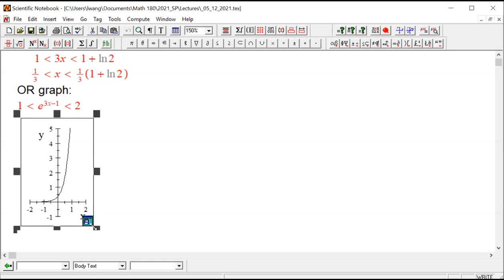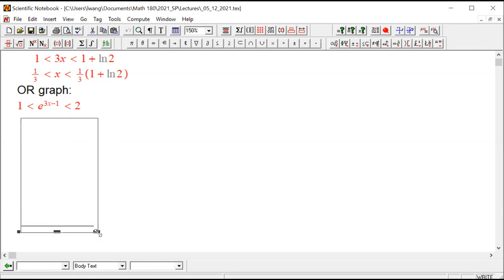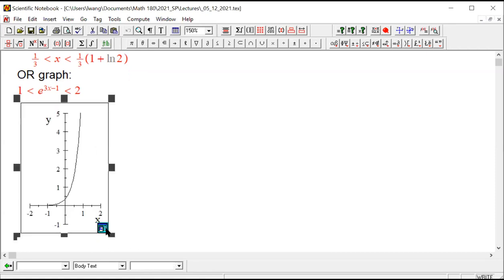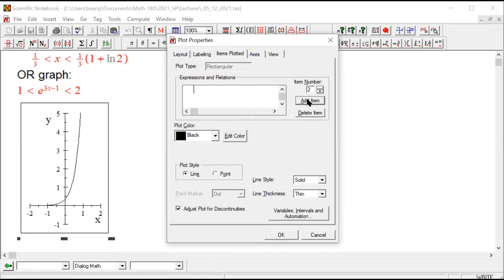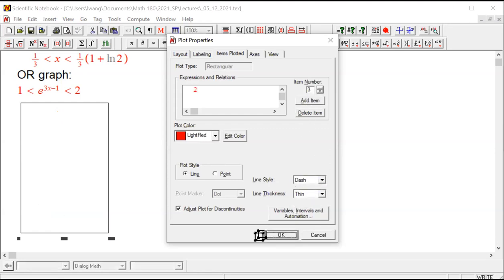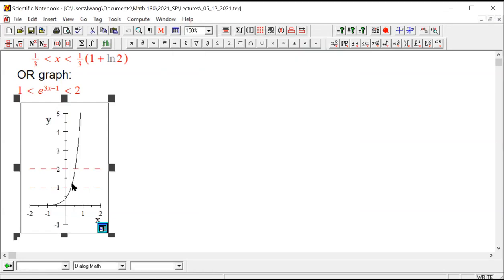Do you think you have an interpretation? What does it mean? 1 broken line, 2 broken line. We want that piece in between.